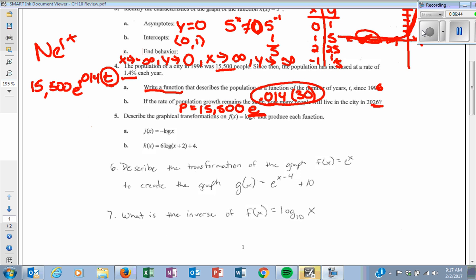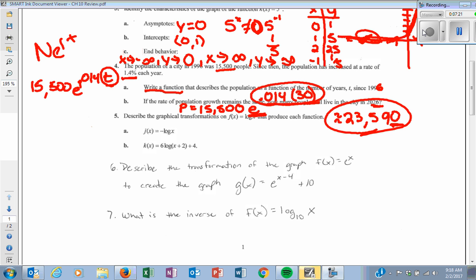If you're using my calculators in class, you'd have to have this number first, and then you hit shift and E, and it will give you a number, and then you go ahead and multiply that by 15,500, and you should get an answer of about 23,590, and you would go ahead and round to the nearest whole number, because people are wholes. Yeah, a couple people might have a couple different things inside them, but anyways, there's always just one whole person. We don't have half people.